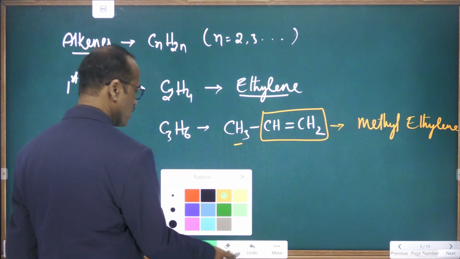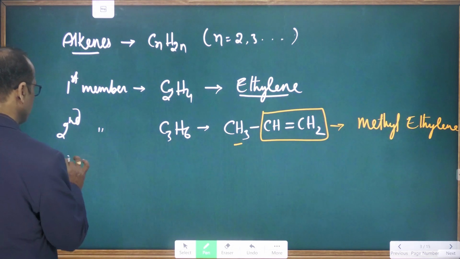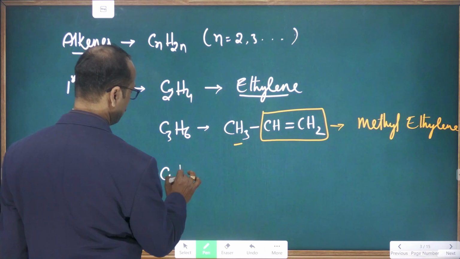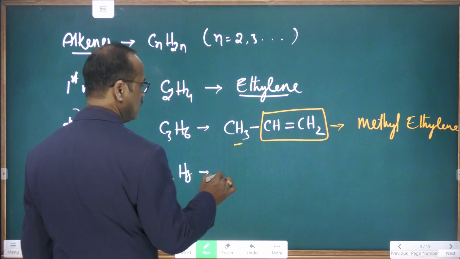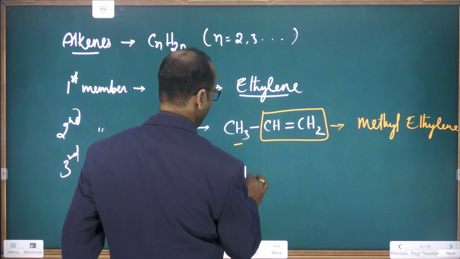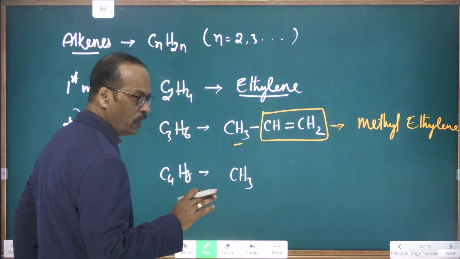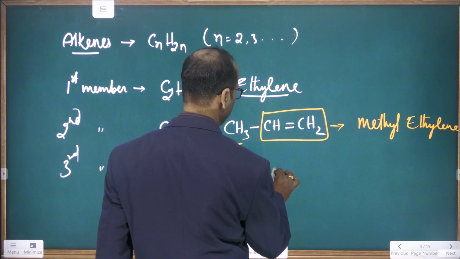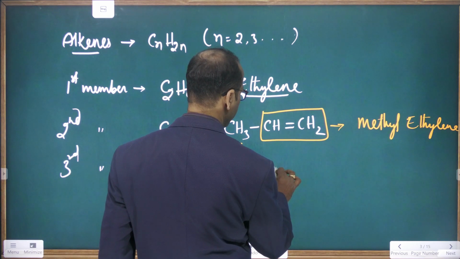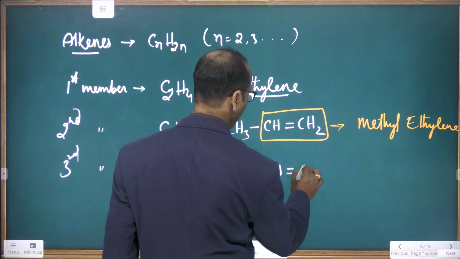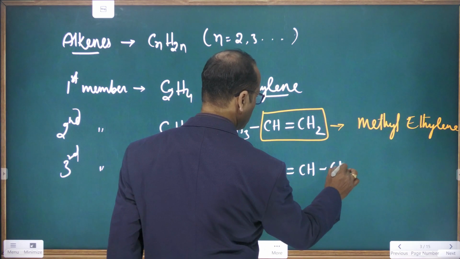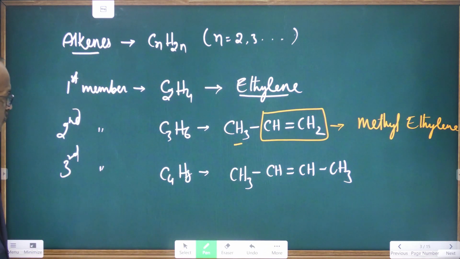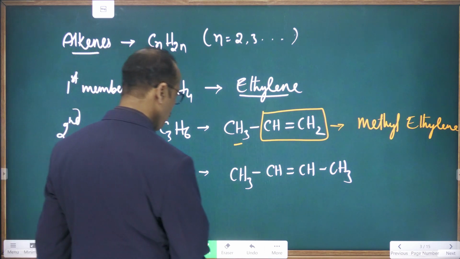So like this, you can write. If, for example, you want to give the third member, similar way. So C4H8, right? How can I write? I'm writing according to the rule now, not in different ways. So I'll write CH3, CH, double bond, CH, CH3. So this is the C4H8 member. Now what do I do?